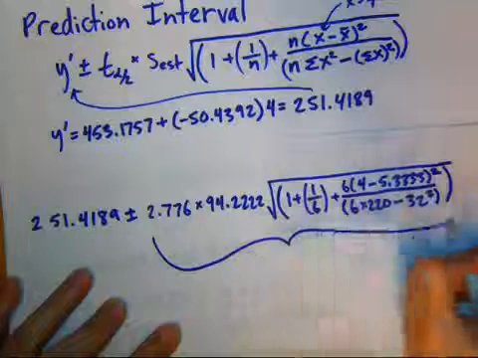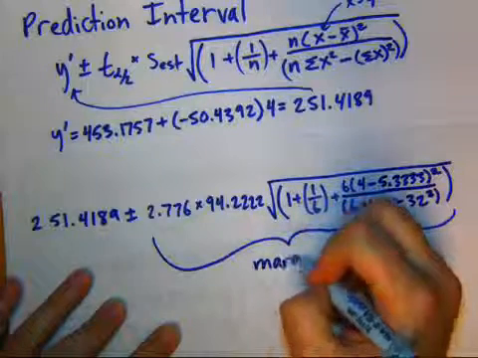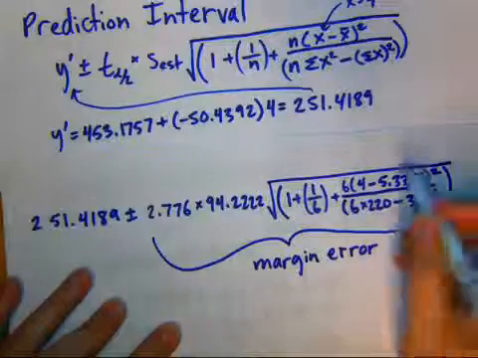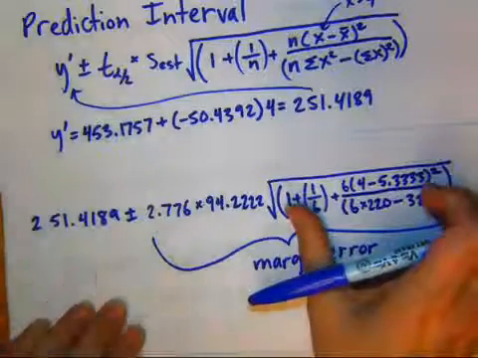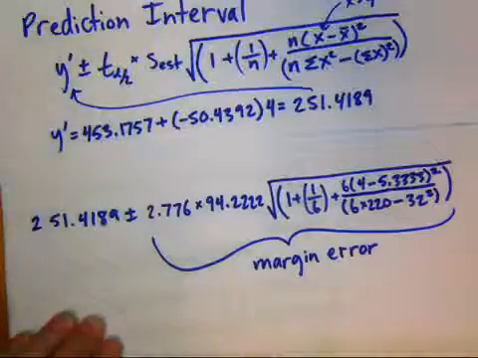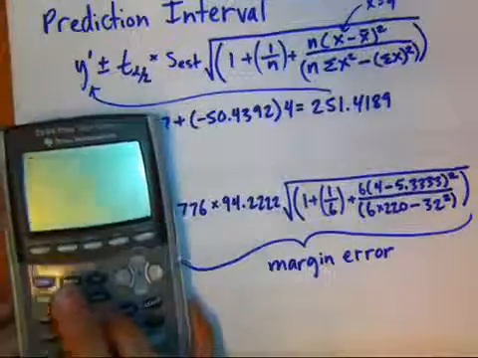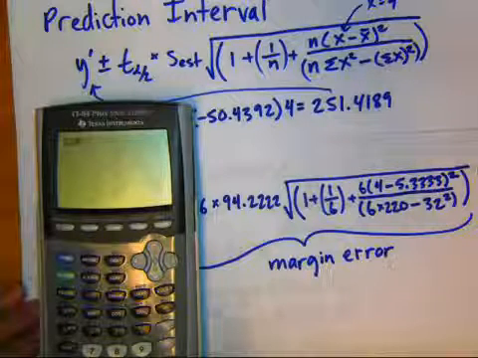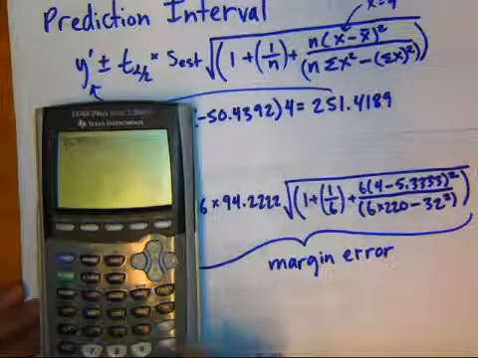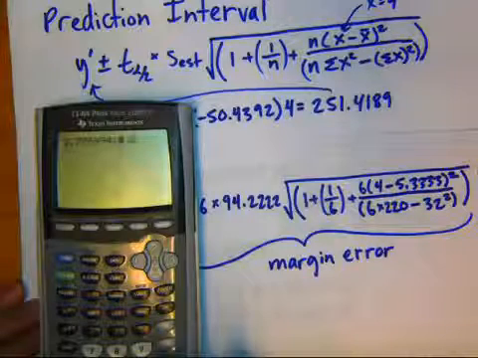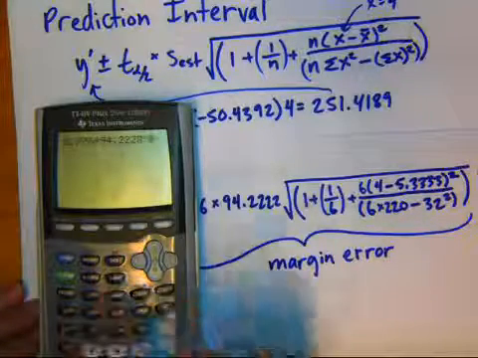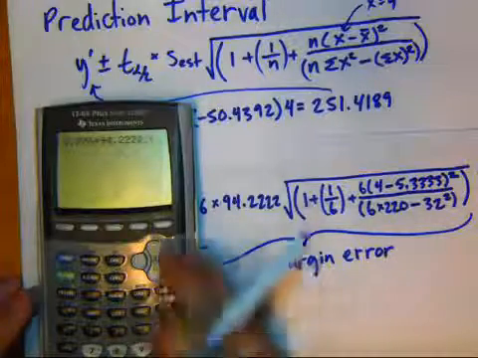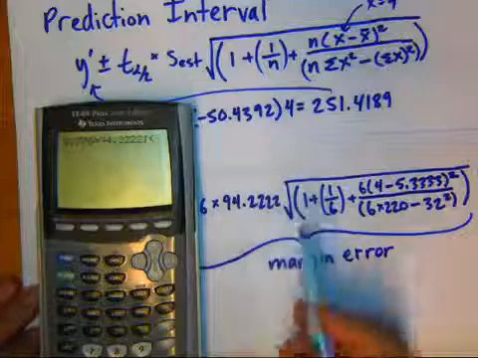I plug in this margin of error first. So this is what I'm going to be putting into my calculator. There's no shortcut for this, so just be careful that you have your order of operations correct. So start with your t-score, the 2.776 times 94.2222, square root. My calculator, oops, I forgot a 2. Already puts a parenthesis to start the square root out.